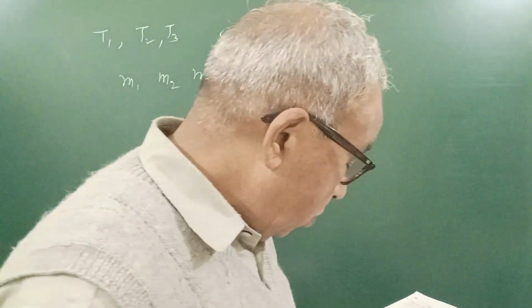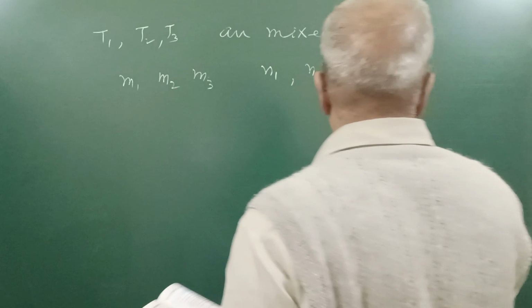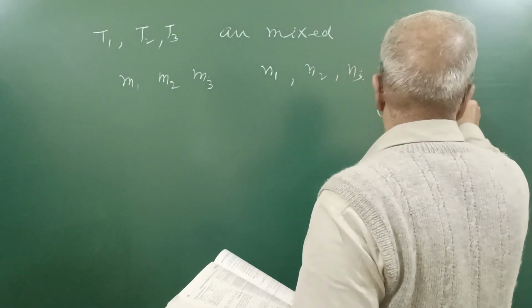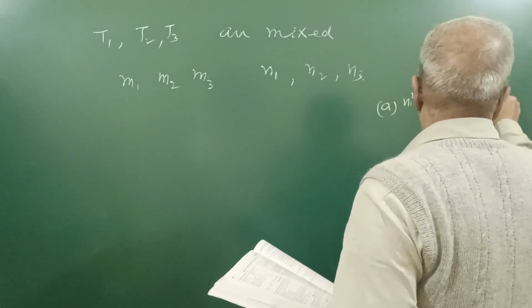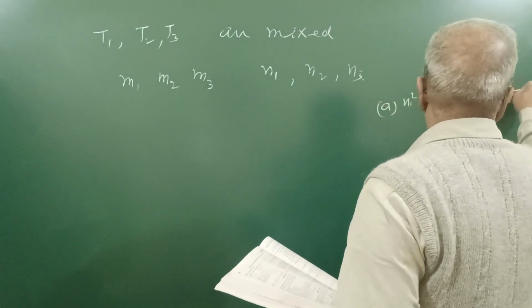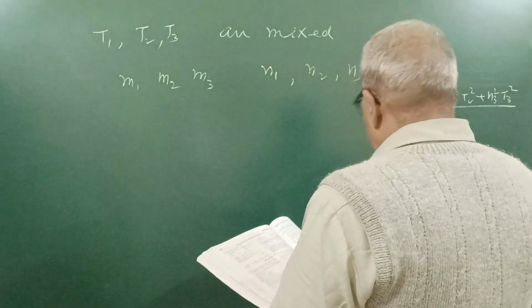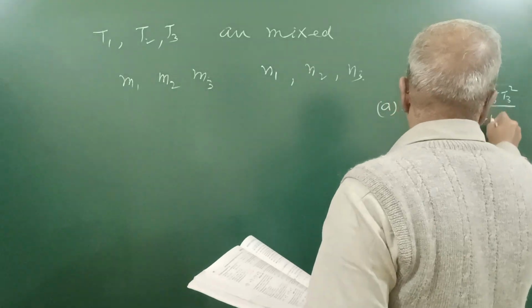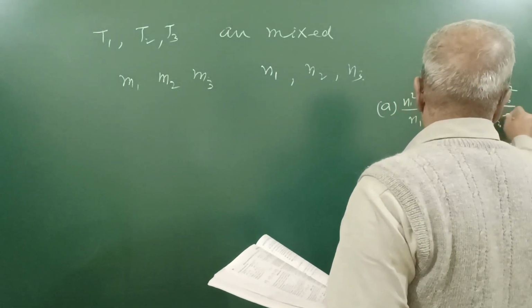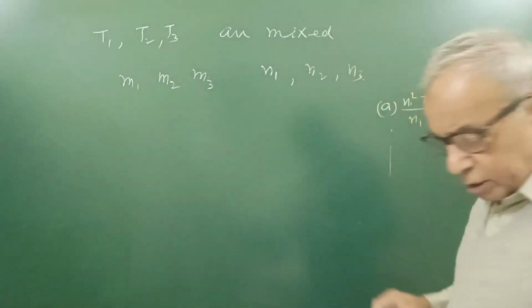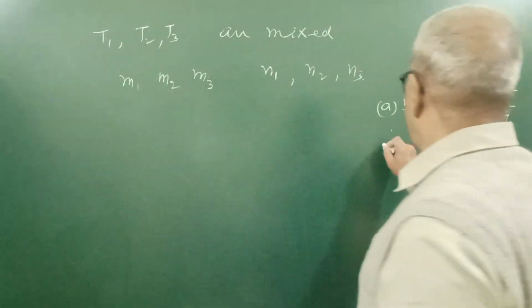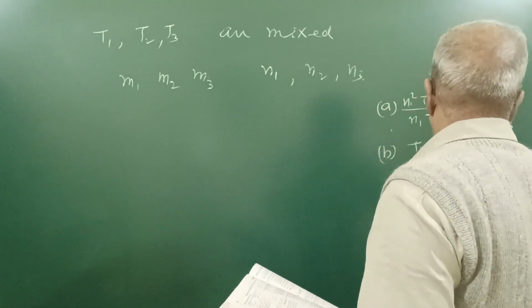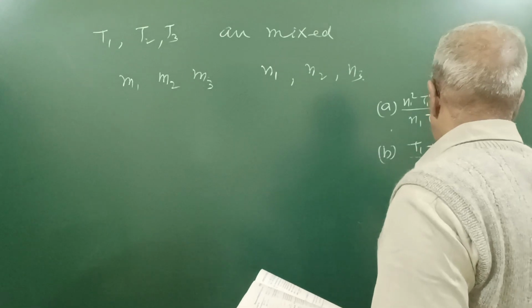The options are: A, N1 square T1 square plus N2 square T2 square plus N3 square T3 square upon N1 T1 plus N2 T2 plus N3 T3. B, T1 plus T2 plus T3 upon 3.